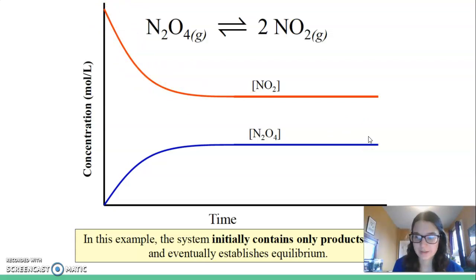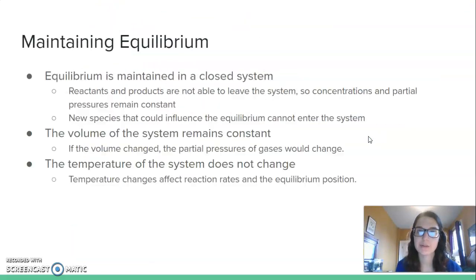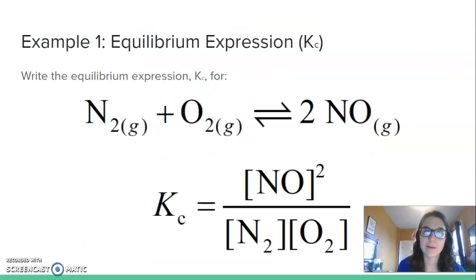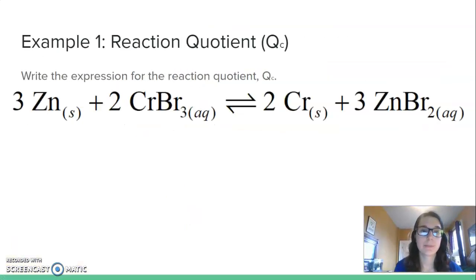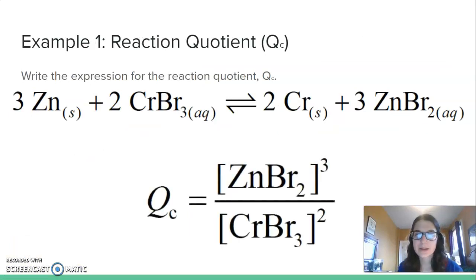So that's really the difference between Qc and Kc. It's just whether you are at equilibrium or not. Now I gotta jump back. There we go. So that is our expression for the reaction quotient, Qc, for this reaction.